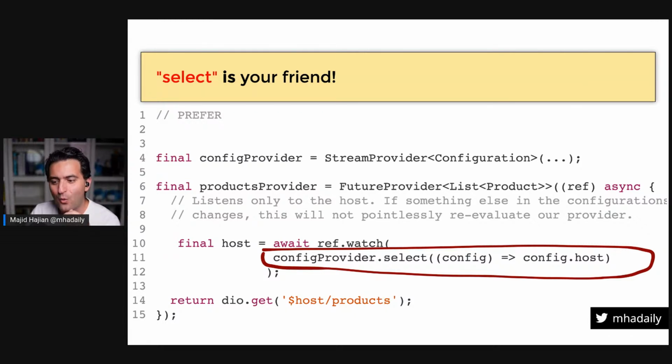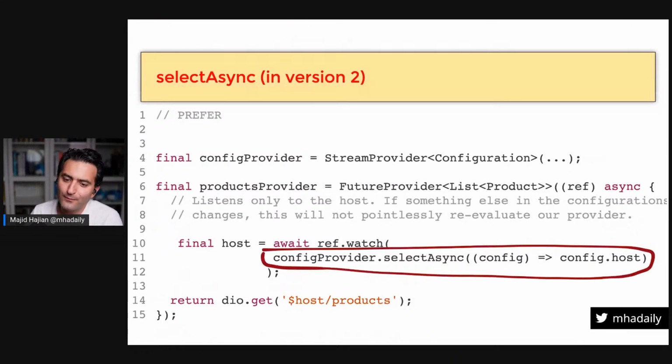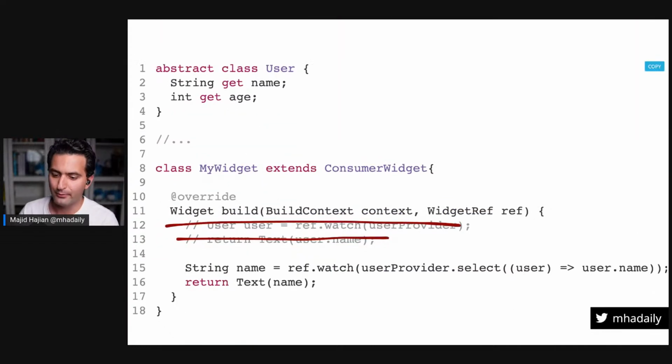And that is where you can do that in your providers. It's a very, very powerful tool. And one tip for you, in version 2 of Provider, you will have select async, which is almost identical, just a different name. And let's have another example of select.